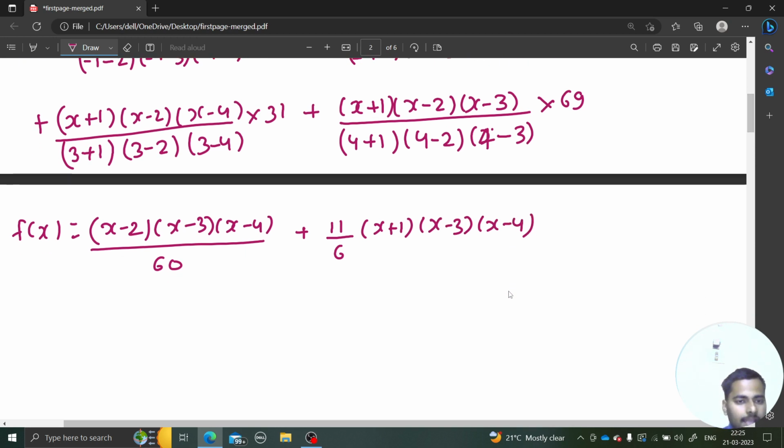Next I am having this. So 4 into 1, and 3 minus 4 is minus 1, so minus 4. So it will be minus 31 by 4, x plus 1.